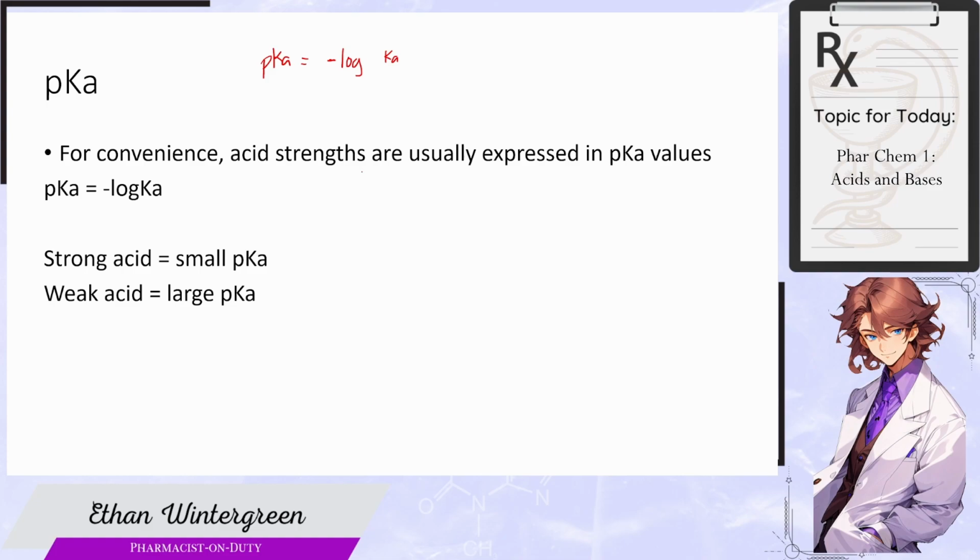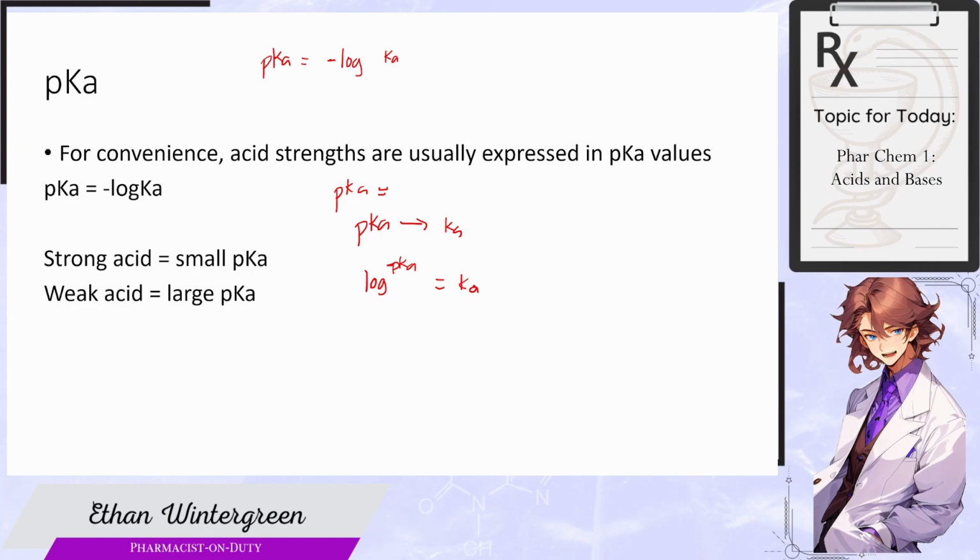Now, pKa could be back converted to Ka if needed. To get Ka from pKa, all you need to do is apply 10 raised to negative pKa. This would result in your Ka.